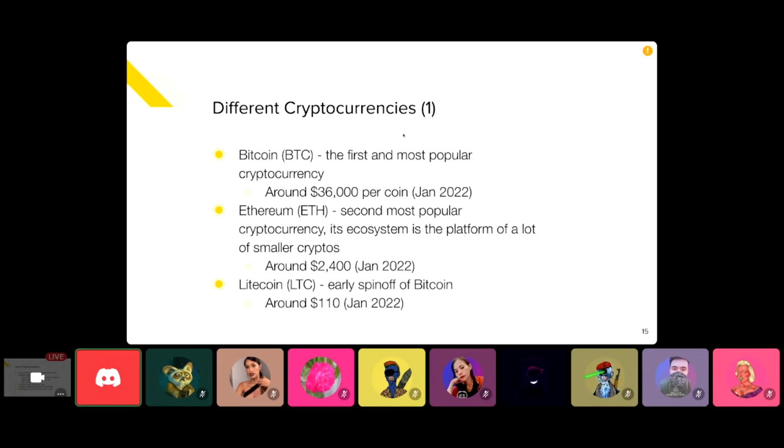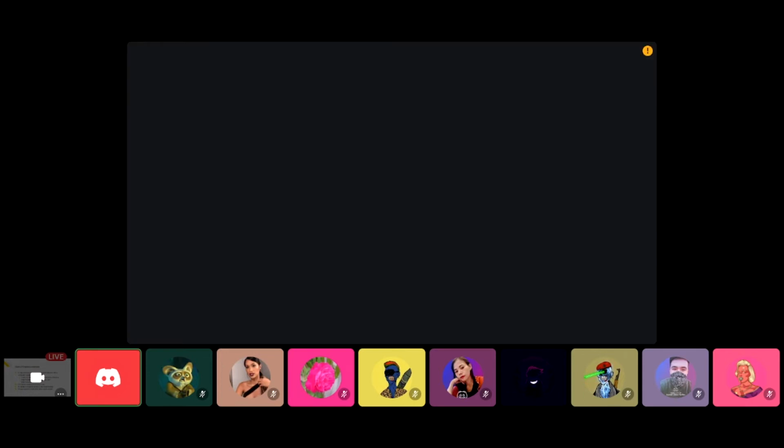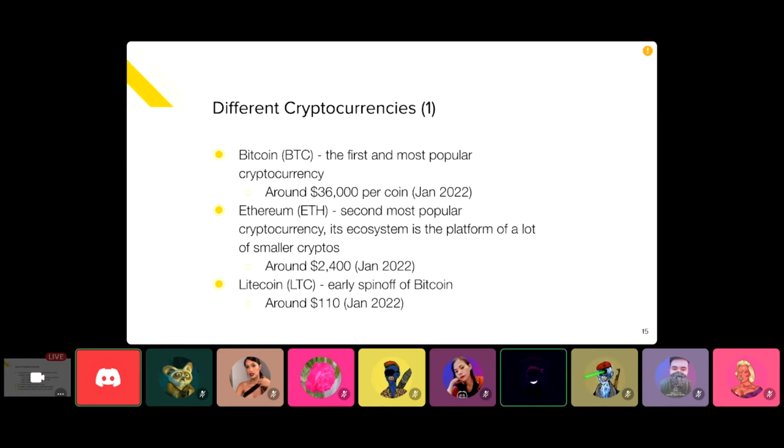So some different cryptocurrencies. First we have Bitcoin, and it's the first and largest cryptocurrency by market cap. Following it, we have Ethereum, which is the second largest cryptocurrency, and its ecosystem and network is a platform for a lot of smaller cryptos.